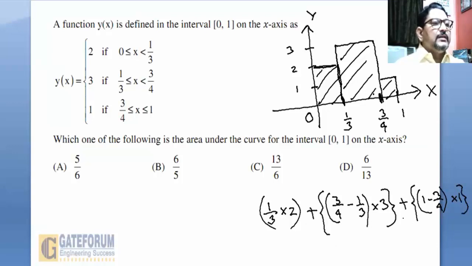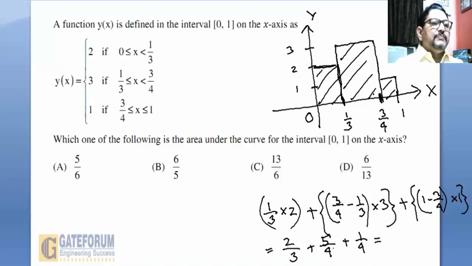So let's find out the value of this. So this is 2/3. Now 3/4 minus 1/3 is simple. It is (9 minus 4)/12, that is 5/12. So 5/12 into 3 is 5/4. And 1 minus 3/4 is 1/4. So 1/4 into 1 is 1/4.